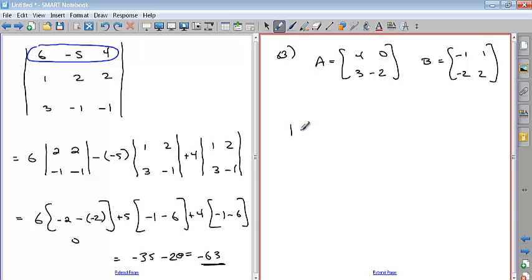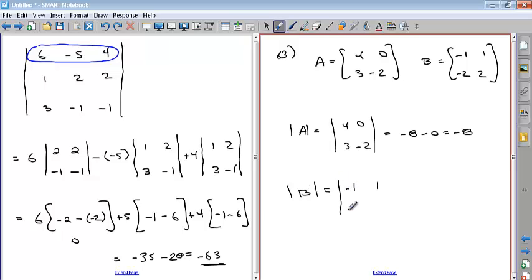So the determinant of A is this, which is just equal to 4 times negative 2, which is negative 8, minus 3 times 0, which is 0, so that's negative 8. The determinant of B is going to be negative 1 times 2, which is negative 2.